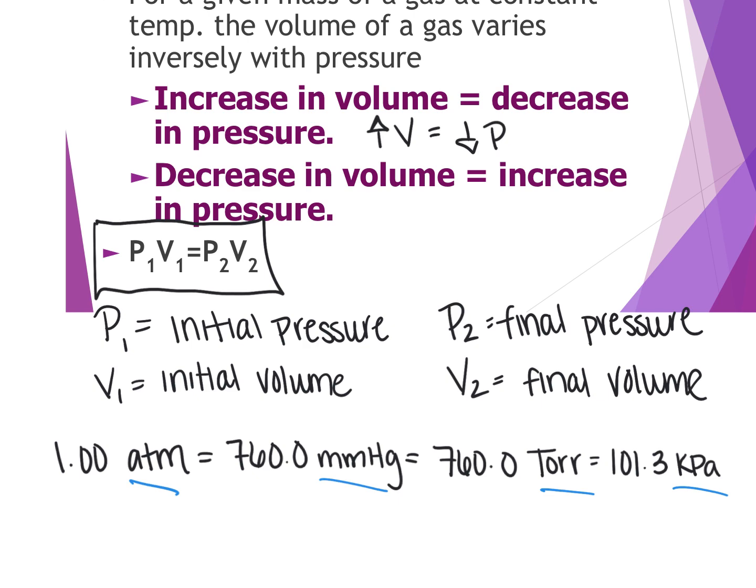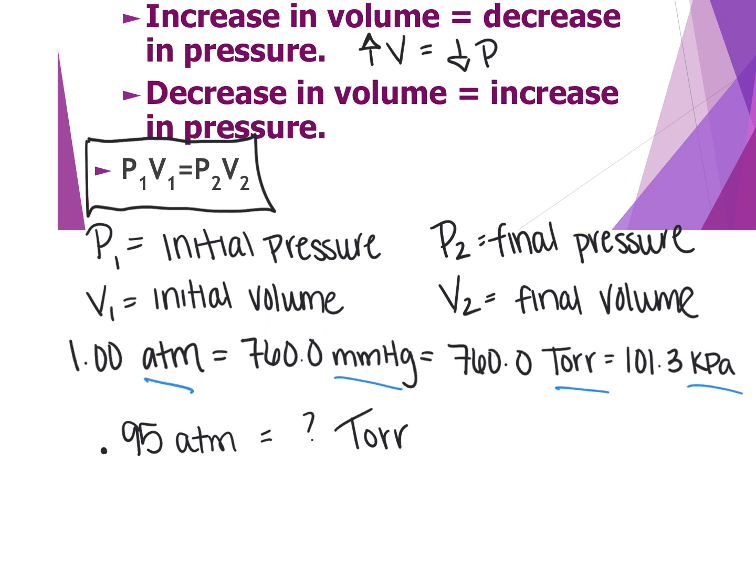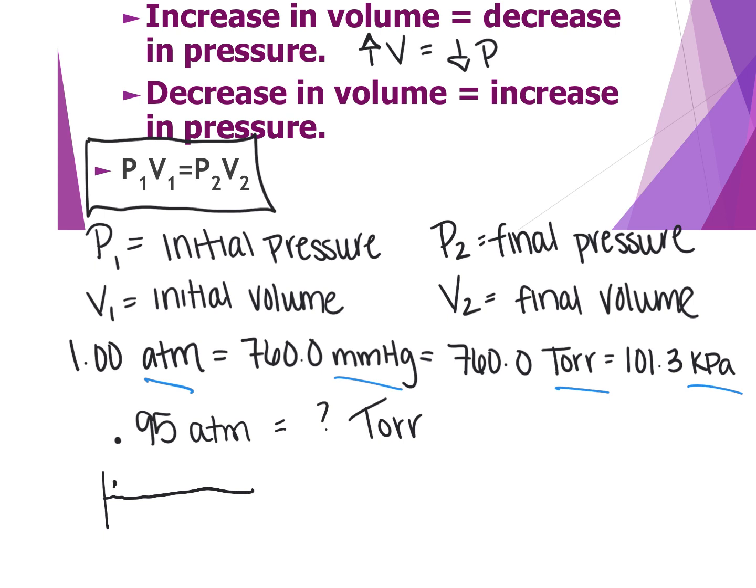Can you use this to convert? Let's just do a quick practice problem. Let's say we have 0.95 atmospheres, and we want to convert it to torrs. We can just do a really simple dimensional analysis problem.